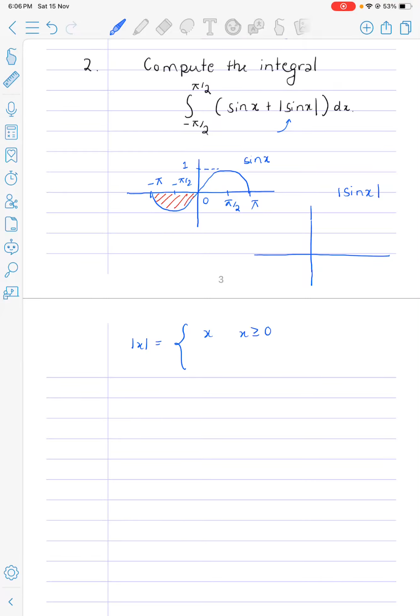But if something is negative, then it will multiply with minus 1 and give that as the output. So let's see where it is negative. Here it is negative, right? This part. So the graph will be something like this.